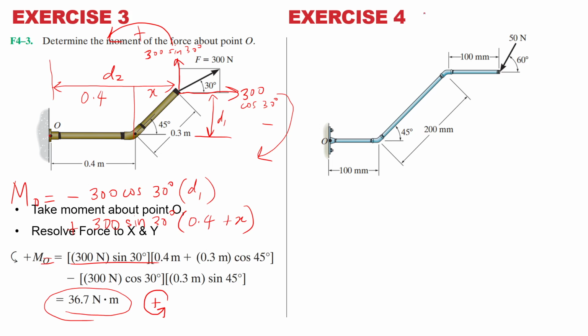So exercise number 4. This seems familiar, slightly different a bit. Okay, this force is like this. Definitely the best way to get through this is to transfer the force. Transfer it downward. So you can resolve it into components. Like that.